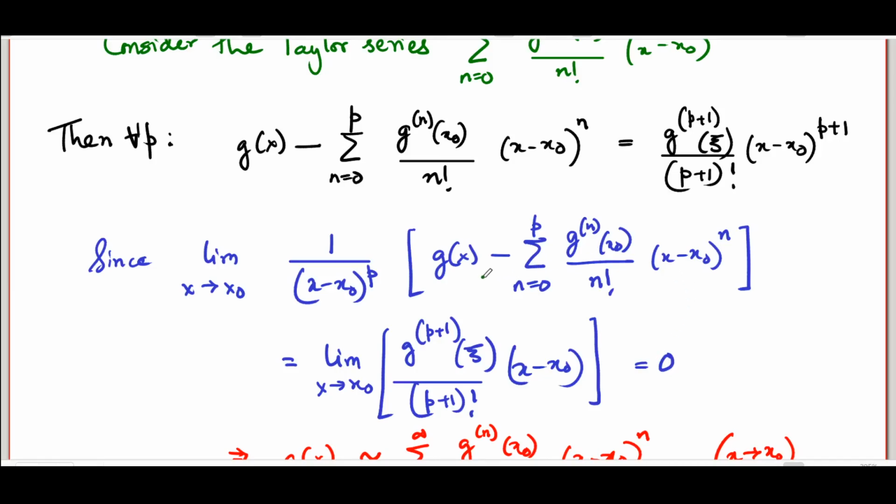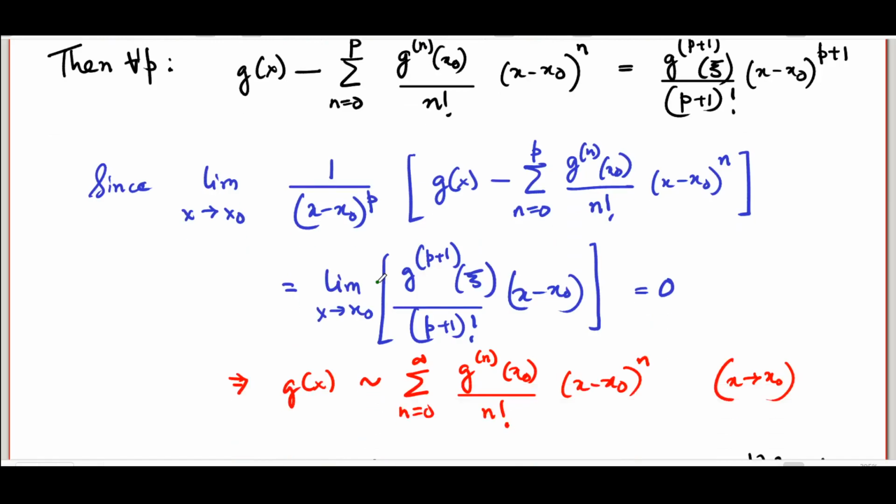Hence, the difference between the pth partial sum and the function is negligible compared to (x − x0)^p, and this holds for all p, provided all the derivatives exist. And so the Taylor series that we wrote down is actually asymptotic to g(x) as x goes to x0.